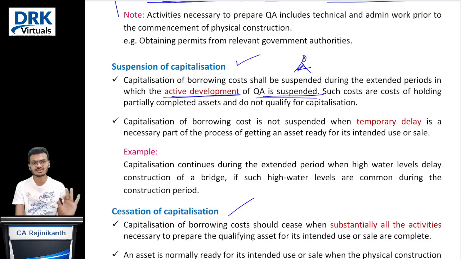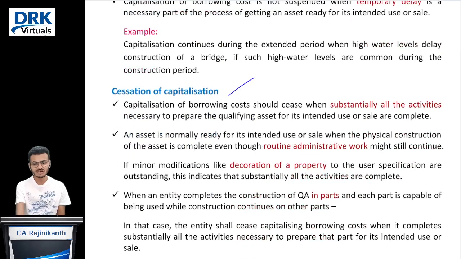We should leave that site. So during that period, active development of the qualifying asset is not suspended. It is normal. It is routine in the construction process. So during that process also, we should not suspend the capitalization. Clear? And now come to permanent cessation of capitalization. Permanently, we are going to stop the capitalization. Okay? Permanently, we are going to stop.